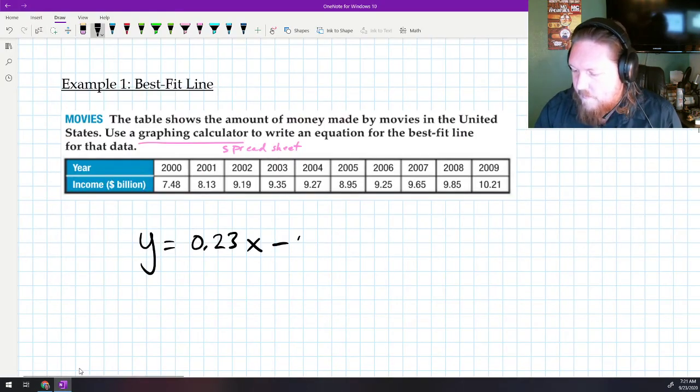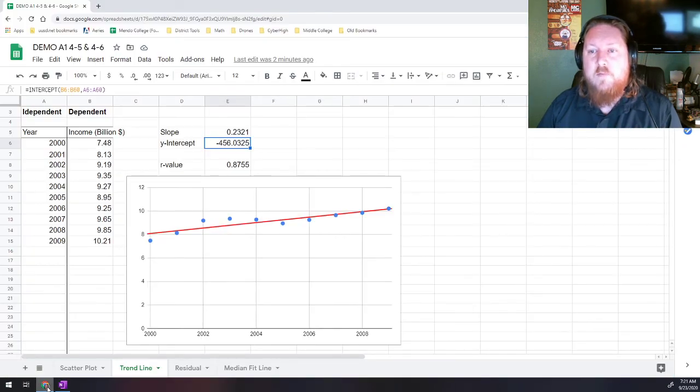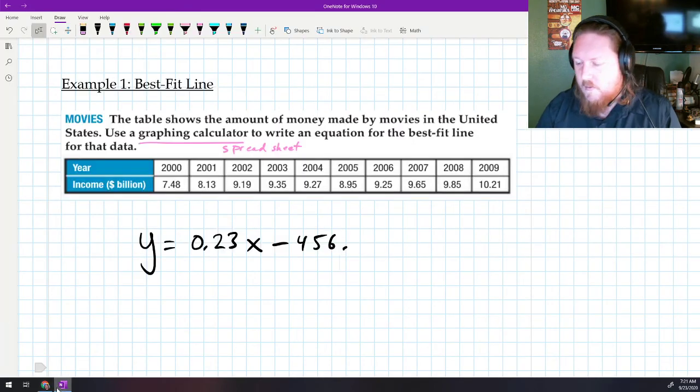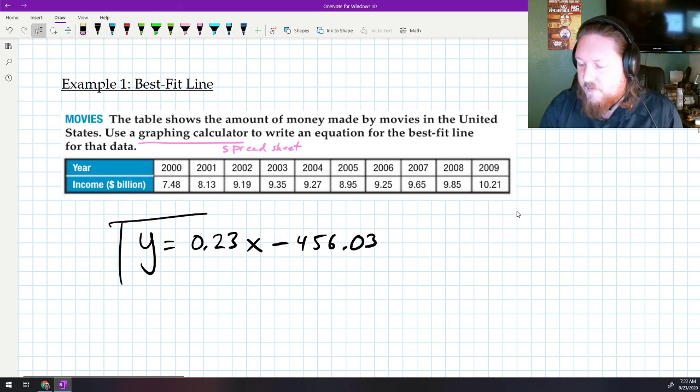Hold on, I feel like I read that off wrong. Negative 546, I keep switching the 5 and the 4 there. Negative 456.03. 456, okay, 03. And so there's the equation, my best fit line.